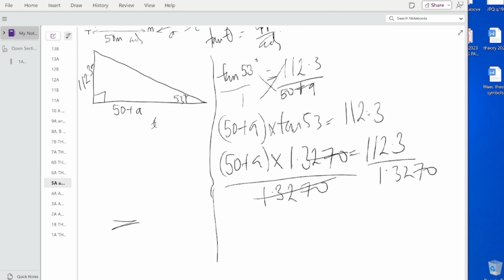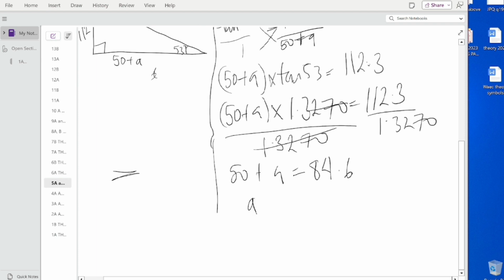This cancels this. We have 50 plus A equals 112.3 divided by 1.3270, which is 84.6. Our A, we take out our 50. A equals 84.6 minus 50, because here you have a plus 50, goes out of the equal sign and turns to minus 50.